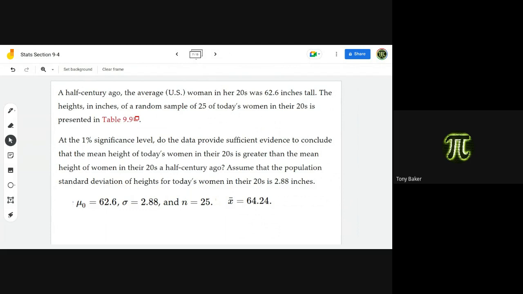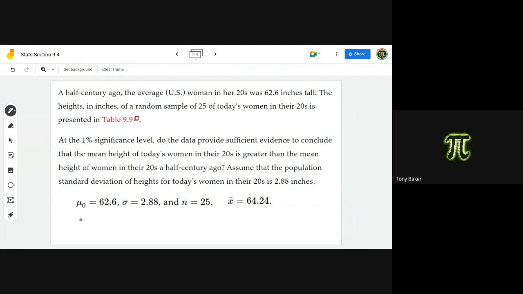So what's step one? Dictate the null and alternative hypothesis. So what is my null hypothesis for this? That the mean height of women in their 20s is 62.6 inches.